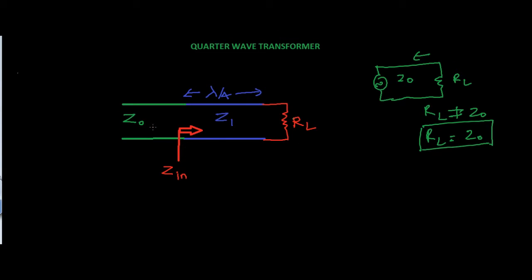One such scheme is called the quarter wave transformer. It makes sure that full power is delivered to the load and no waves are reflected back. In this video we'll study this in full detail. Okay, so let's start with the circuit diagram.